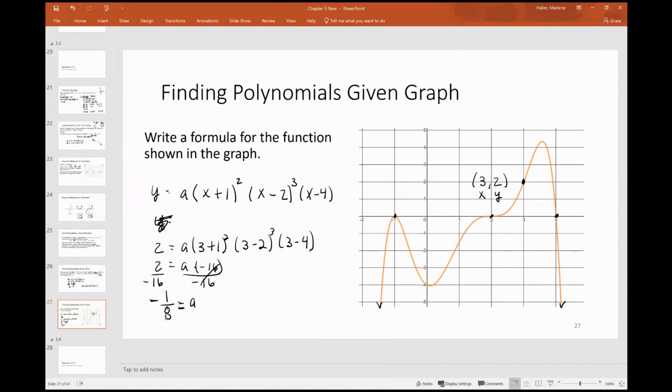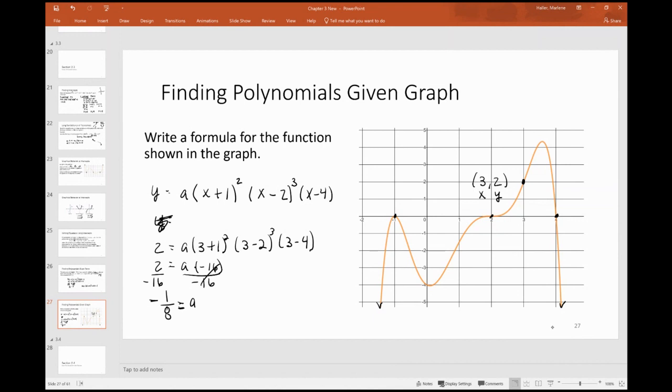Does it make sense that it's negative? Well, look, what is the degree of this polynomial? 2 plus 3 is 5, plus 1, it's 6. That's an even degree polynomial. Long run behavior should resemble the quadratic function. It should go off in the same direction because it's an even degree polynomial.